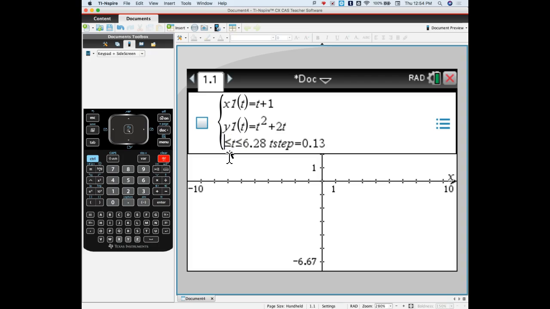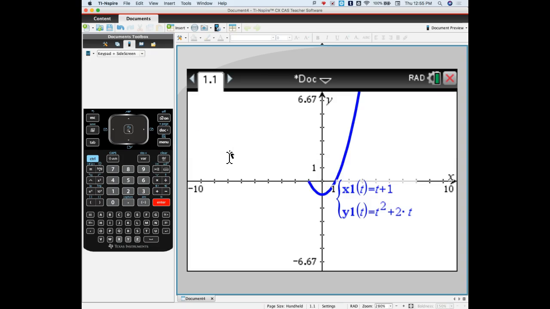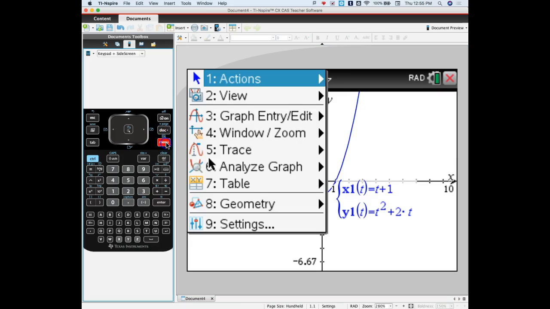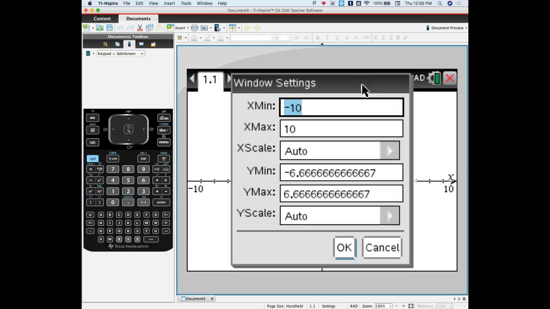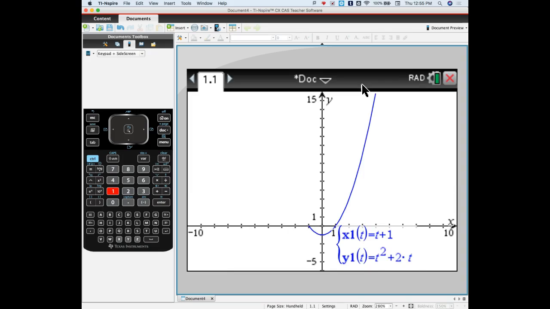I change my range here from -2 to +3, and there it is. Now, if I make my window the exact same as what was on the smartboard, I see I get the exact same one.